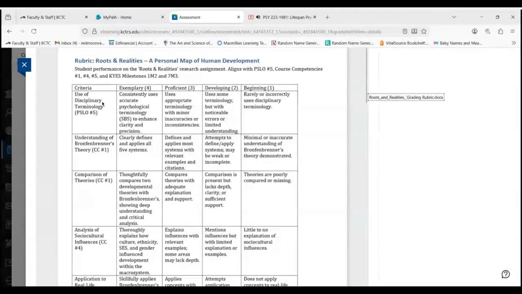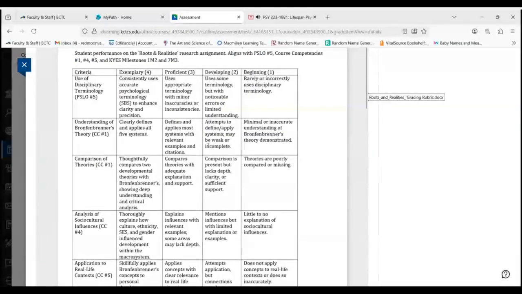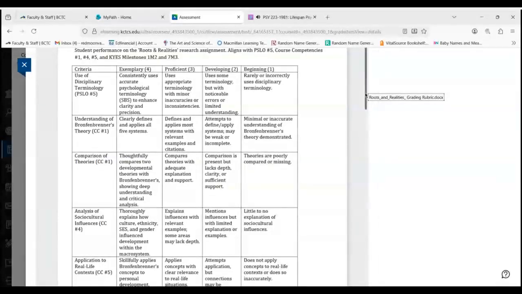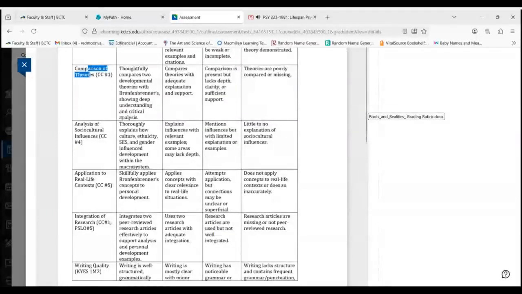So the use of psychological terminology correctly, that's using what Bronfenbrenner's theory is called, the different parts of Piaget's theory. You're talking about systems instead of things, right? In Bronfenbrenner's model. You'll show that you understand Bronfenbrenner's theory. You'll show that you grasp a comparison, comparing and contrasting this theory to other theories.